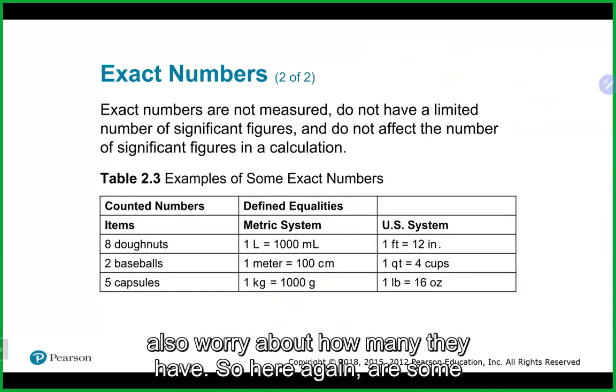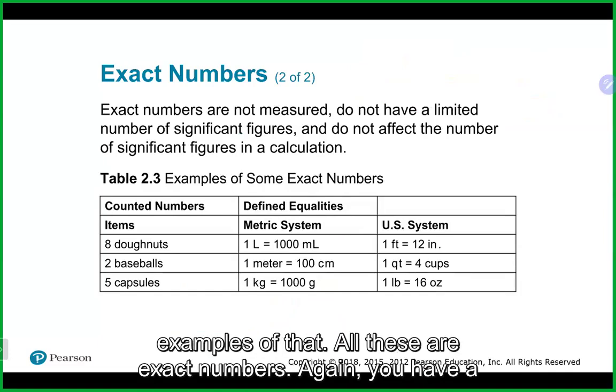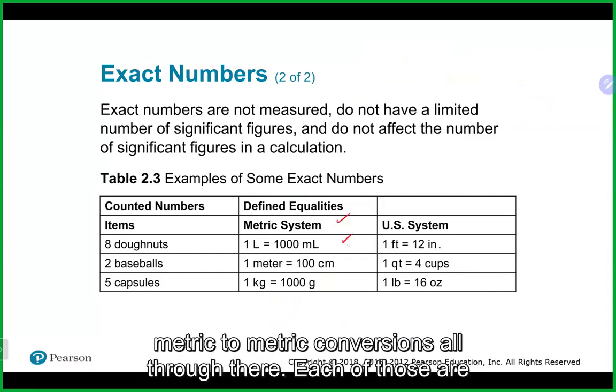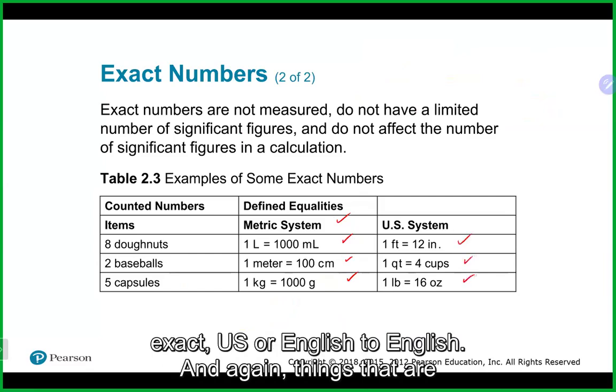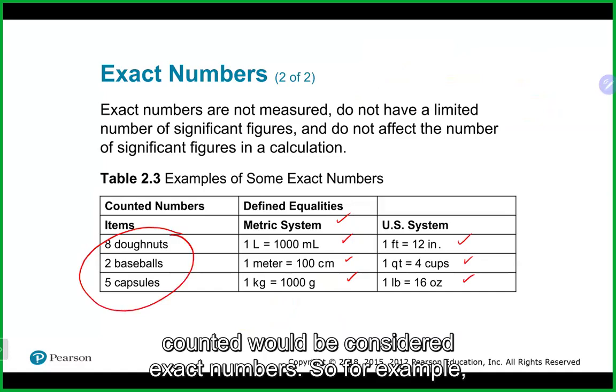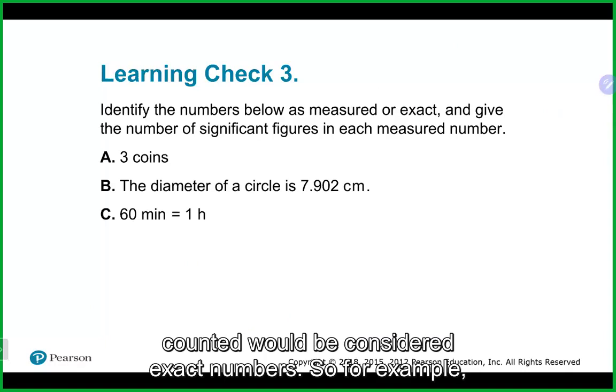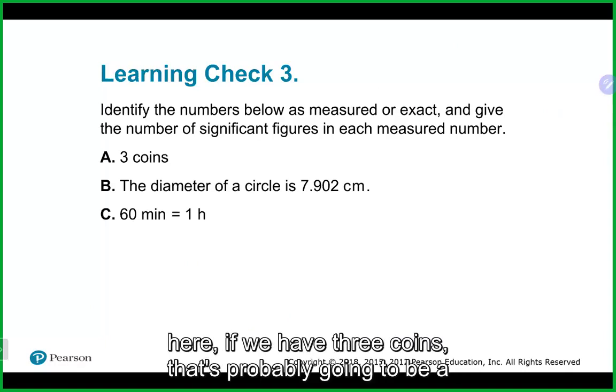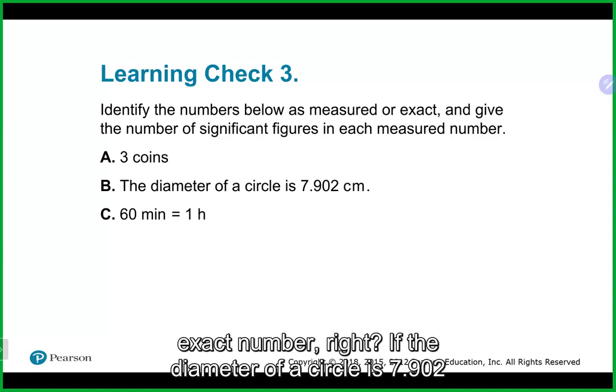So here again are some examples of that. All these are exact numbers. You have metric to metric conversions all through there. Each of those are exacts, US or English to English. And again, things that are counted would be considered exact numbers. So for example, here, if we have 3 coins, that's probably going to be an exact number, right?